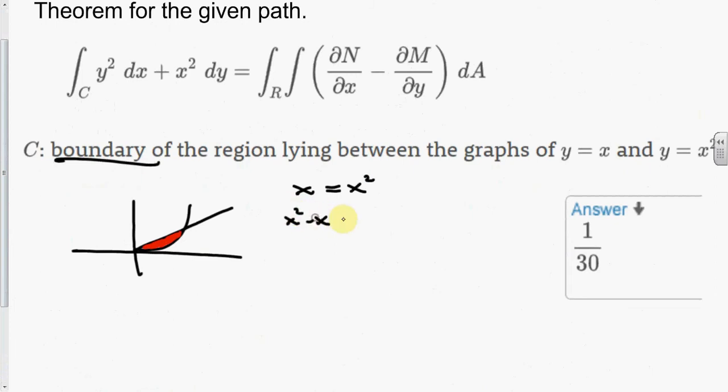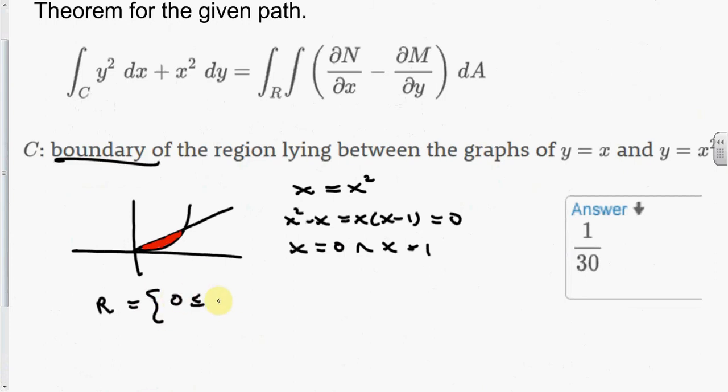So I get x squared minus x, which is x times (x minus 1), equal to 0. So x equals 0 and x equals 1. So the region is defined as x goes from 0 to 1, and y goes from the curve x squared below, so x squared is less than or equal to y less than or equal to x.